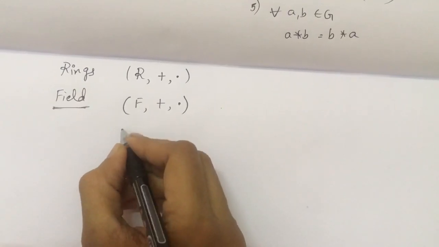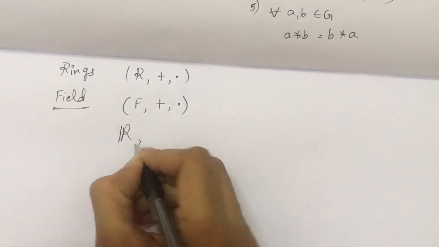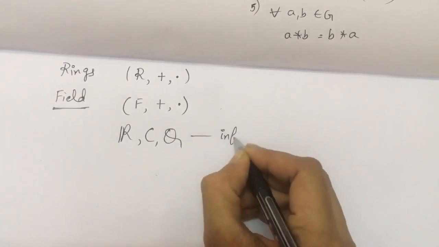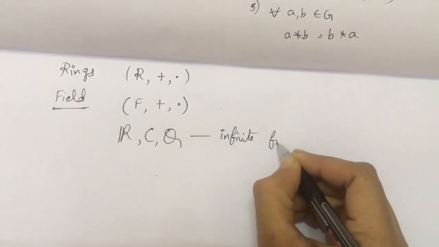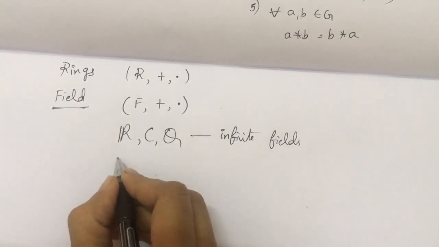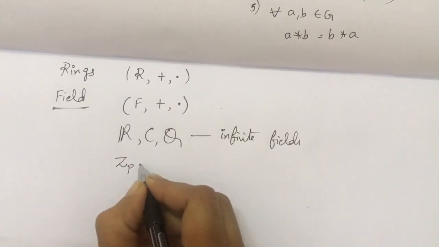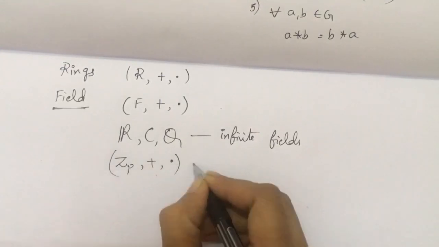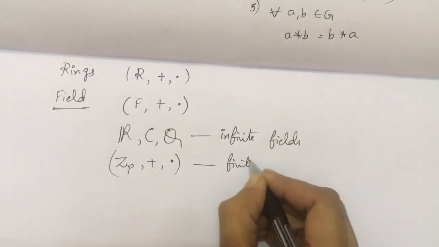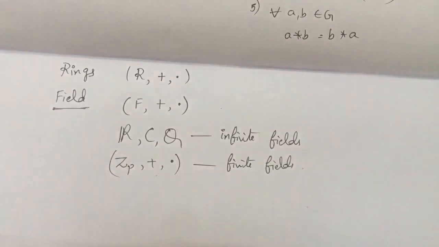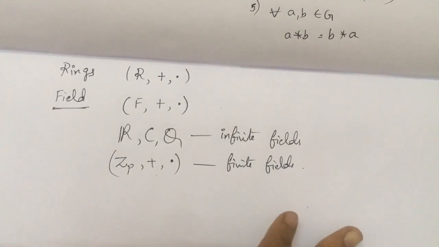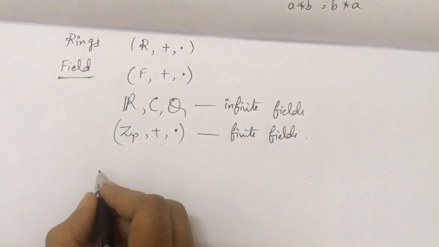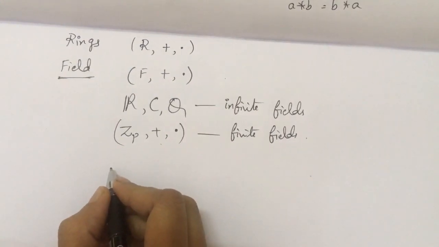I can give you some examples of fields: the set of real numbers, the set of complex numbers, Q. They are nothing but infinite fields. If I take, say, the integers modulo a prime for addition and multiplication, then this forms a finite field. So in general, if I consider any binary operation, we always deal with the elements of the same set.